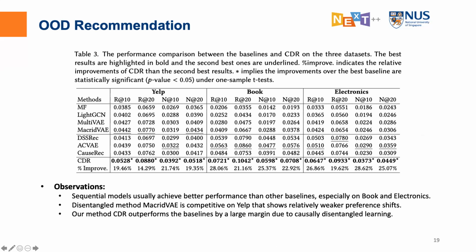And another interesting observation is that for these two data sets, we find they have large shifts. So it means that the testing interactions are quite different from the training interactions. And for this one, the shift is smaller. By observing this point, we find that the sequential models perform better over these two data sets, and the disentangled models can perform better over this data set.